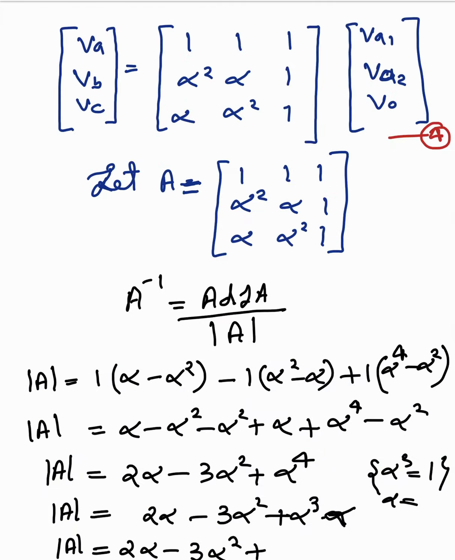So alpha cube is 1 here. So now we can write determinant of A is equal to 3 alpha minus alpha square.